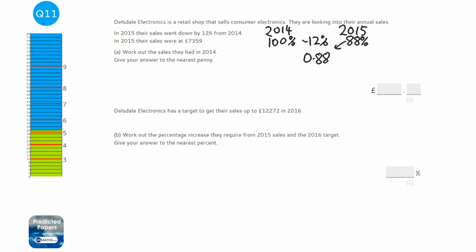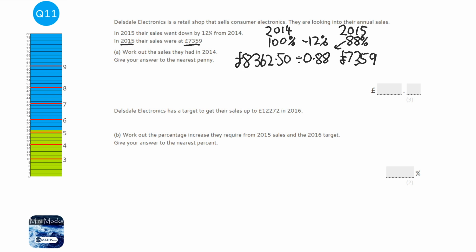But in this question, we're given the 2015 sales, so we're given this one here. So we want to work backwards. So I'll get my calculator: 7,359 divided by 0.88, and that gives me £8,362.50.